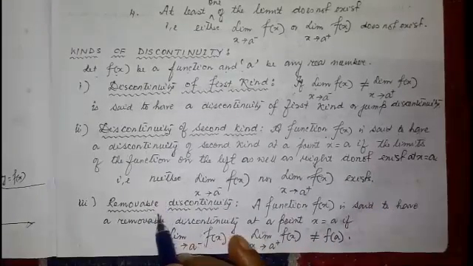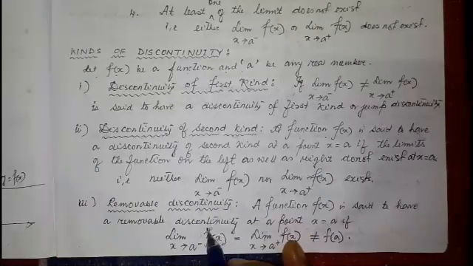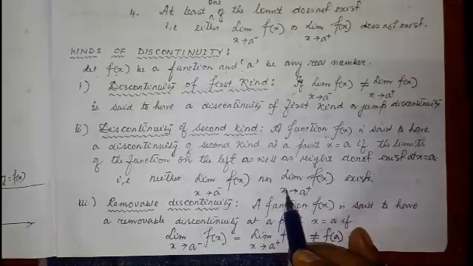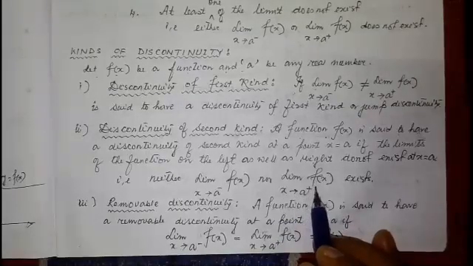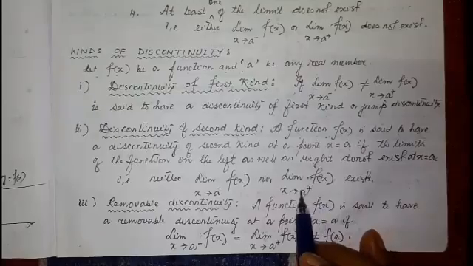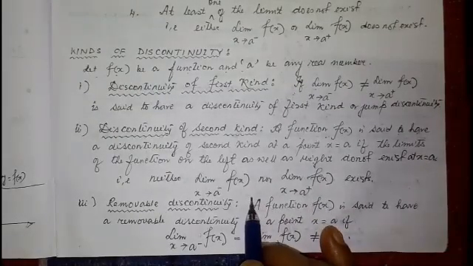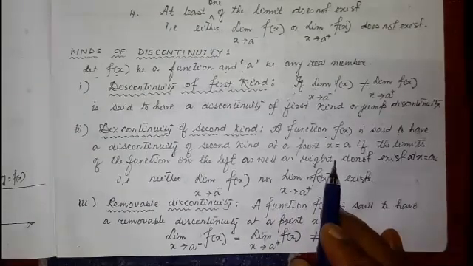That is, neither limit x tends to a minus f of x nor limit x tends to a plus f of x exist. There is neither left hand limit nor right hand limit at the point x is equal to a.